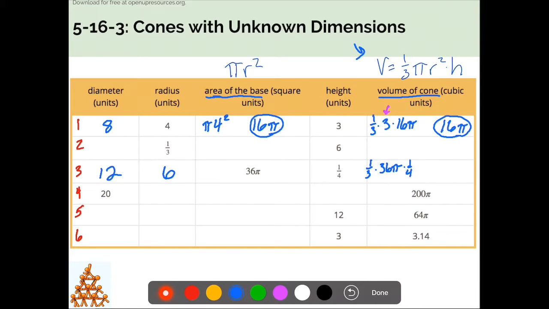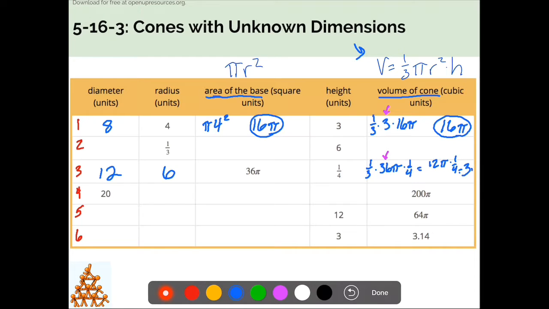And this time it's because 1/3 times 36 is going to be a lot easier than 1/3 times 1/4. So 1/3 of 36, well, 36 divided by 3 is just 12. So then I'm left with 12 pi times 1/4. Well, 1/4 of 12 is 3.